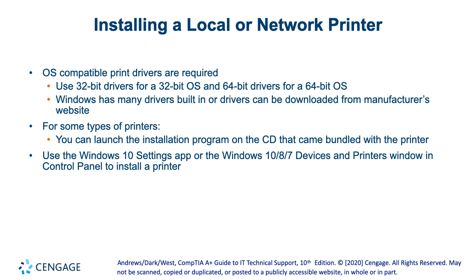To install a printer, you need to have suitable print drivers. Windows has drivers for many types of printers already installed. If yours is not listed, you will likely need to go to the manufacturer's website of the printer and download the drivers. It is rare today that you would need a 32-bit driver, as most installations of Windows will be 64-bit.